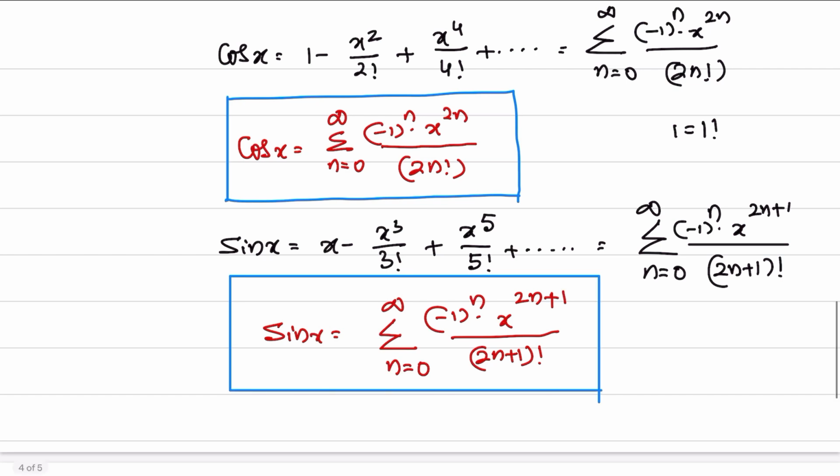By chance, in the examination, it is asked to find out sin 10. You can find out from this, and here x is in radians. X is in radians. You please remember 2 pi radians is equal to 180 degrees.